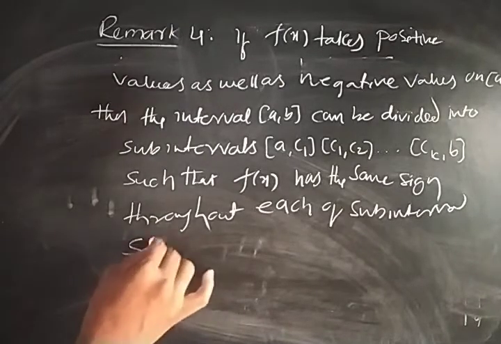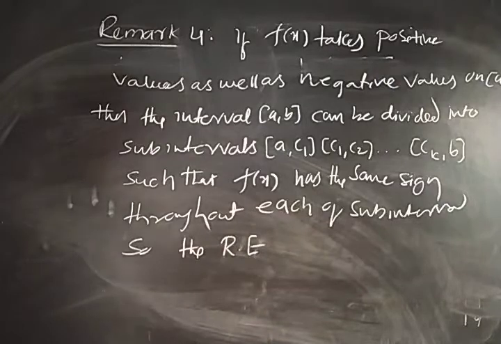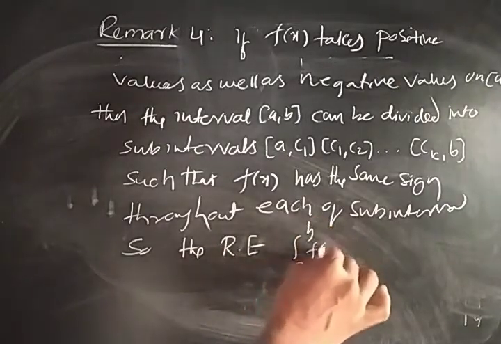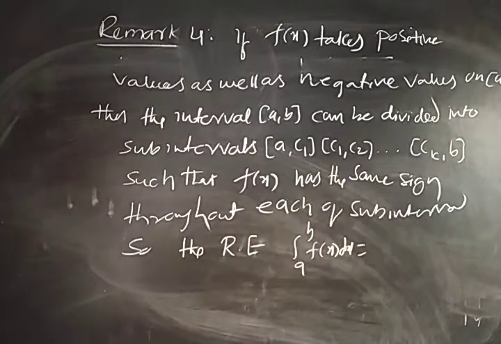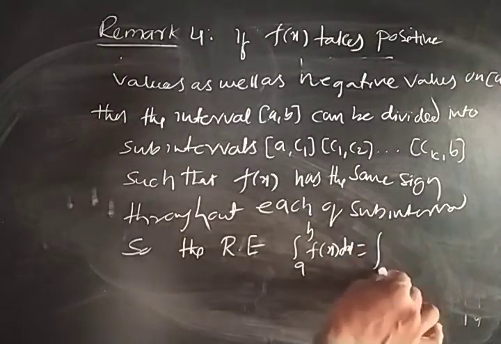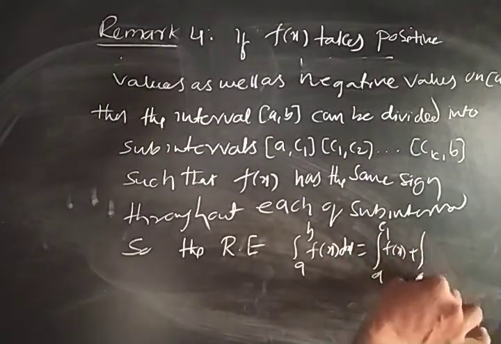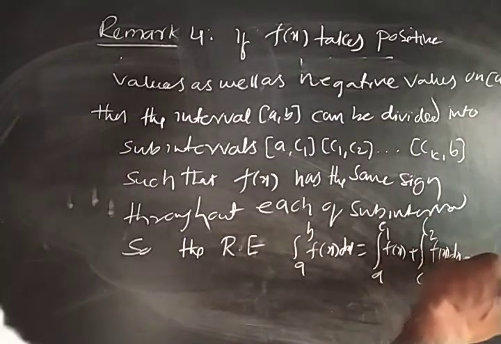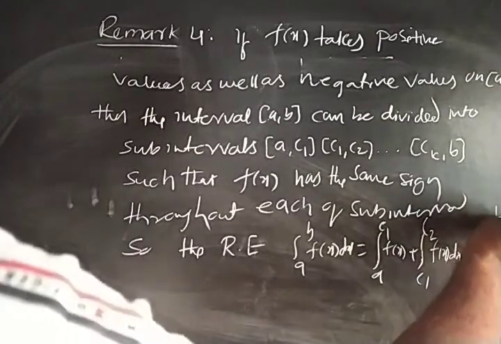So the Riemann integral, the integral from a to b of f of x dx, is given by the integral from a to c1 of f of x dx plus the integral from c1 to c2 of f of x dx, plus so on, up to the integral from ck to b of f of x dx.